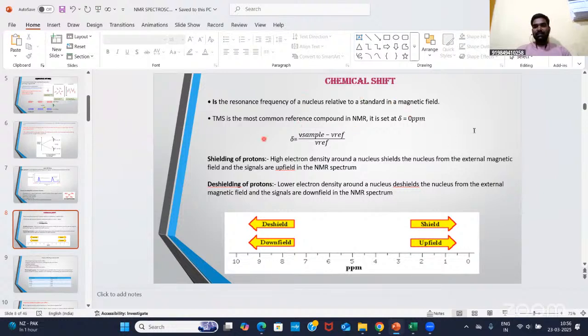It is set at delta equals 0 ppm. So delta equals V sample minus V reference, divided by V reference. We can find the chemical shift delta this way.